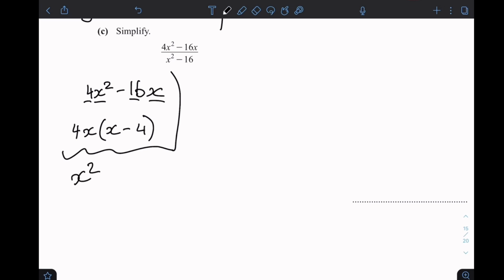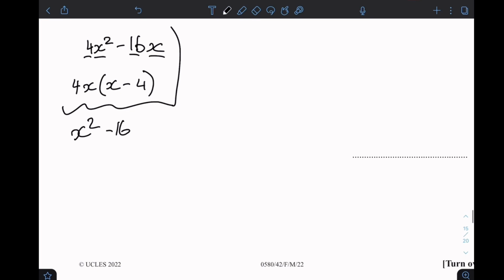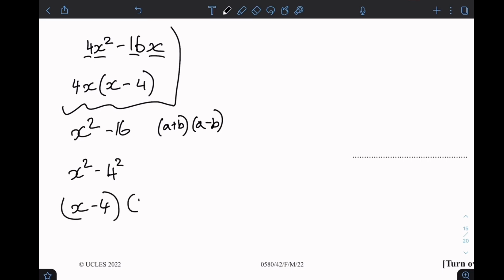And now for the denominator, I can sense that this can come in the a plus b and a minus b format, because if you know, 16 is equal to 4 squared as well, so then you can write it like this, x minus 4 and x plus 4.